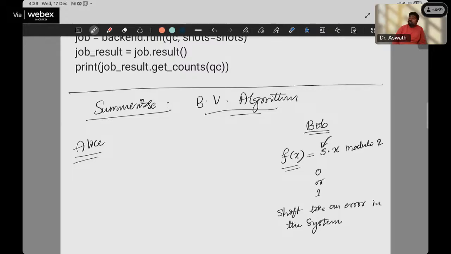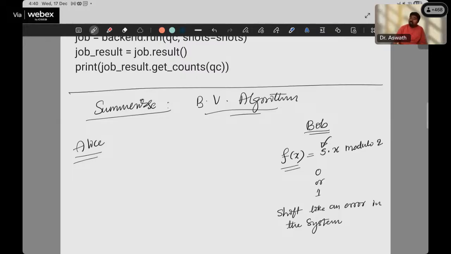So Bob is like the error-creating person in my circuit. I can't ask bit by bit what error you are causing, Bob. In that way I lose time. So I want to find out the shift in one shot.